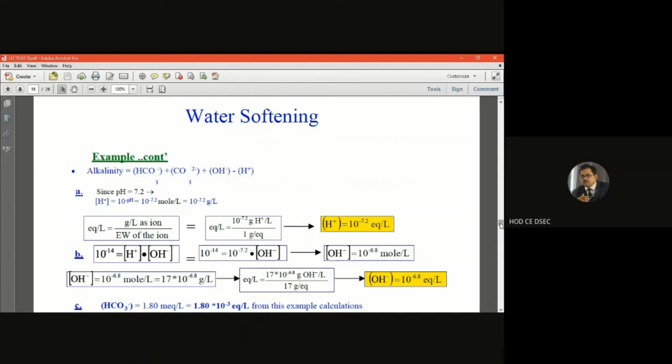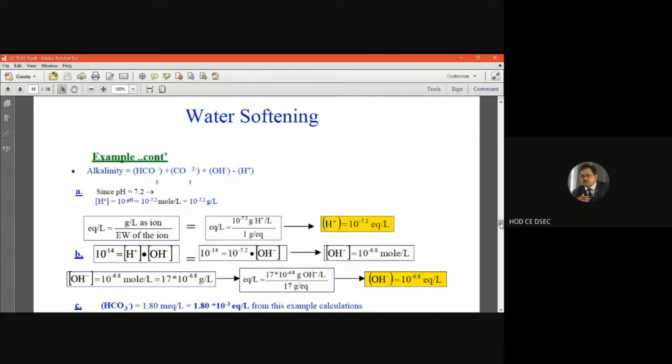That means H plus equals 10 to the power minus 7.2. So this H plus ion concentration in moles per liter can be obtained from the pH value, which is given in the question, which is nothing but 10 to the power minus 7.2.